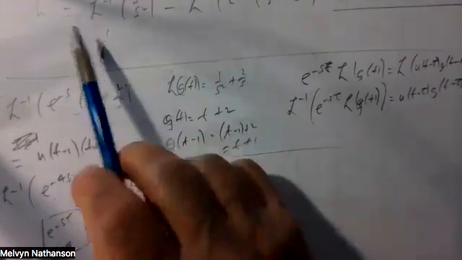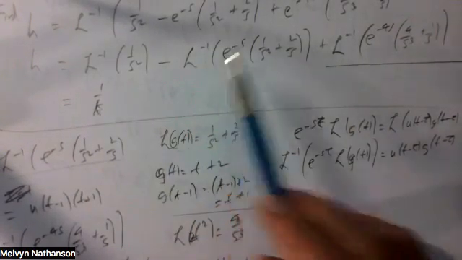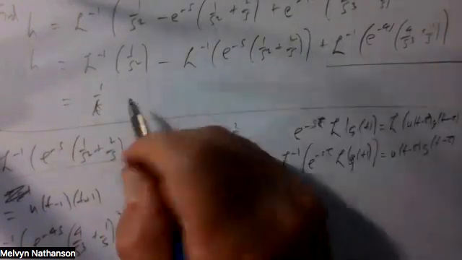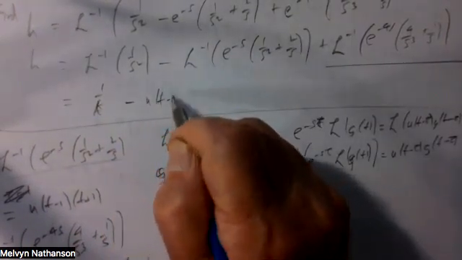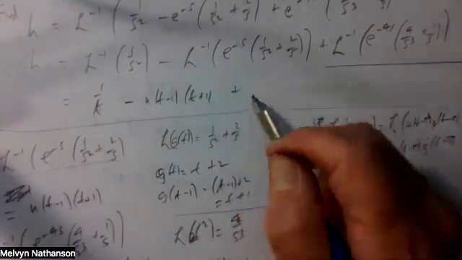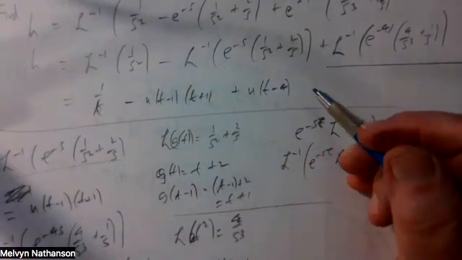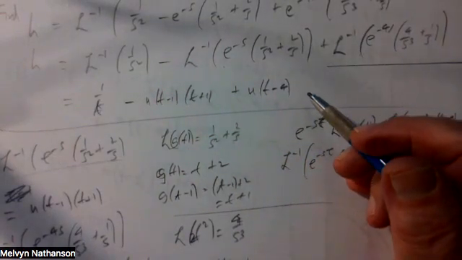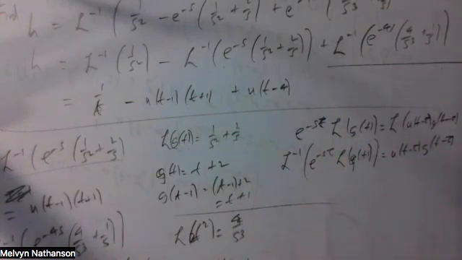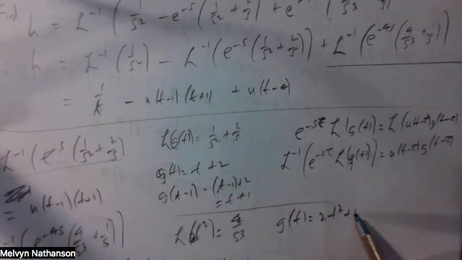So we get our function h is t minus this, which is minus u of t minus 1 times t plus 1, plus this, which is u of t minus 4 times g of t minus 4. Sorry, G of t is 2t squared plus 1.